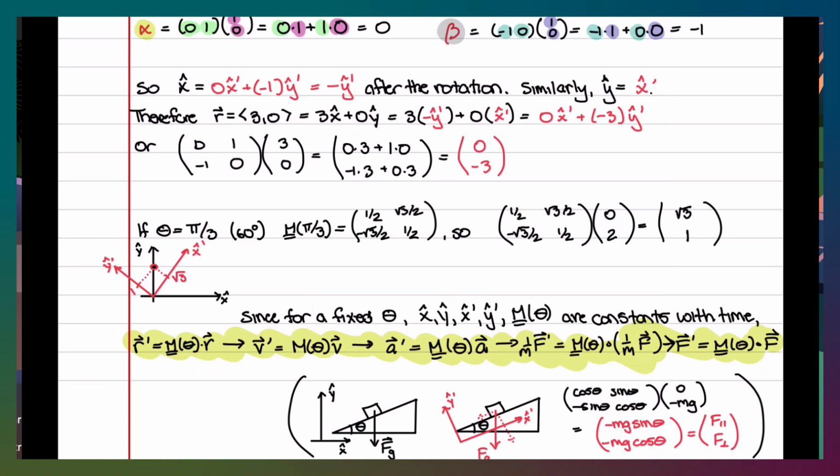But all you were doing is taking your horizontal and vertical axes and rotating them by some angle theta. And so then you can also do that to the vector as well, to get it in components on your new axes, or your new coordinate system. Okay, and that's essentially what went on there.